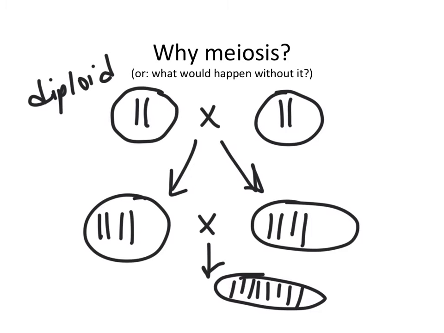And if the cell puts all of its energy into just replicating chromosomes, when is it going to do all the rest of the protein synthesis and things it needs to survive? So we do meiosis to maintain the number of chromosomes, to maintain our ploidy, so that we don't have this weird growth in the number of chromosomes.